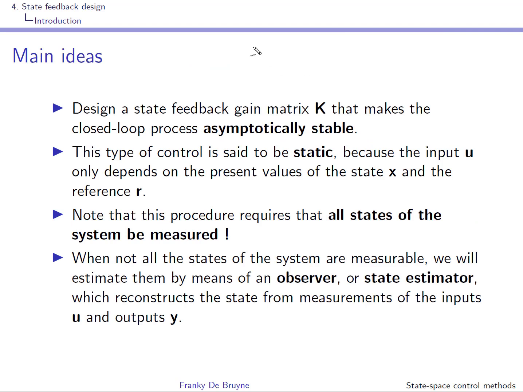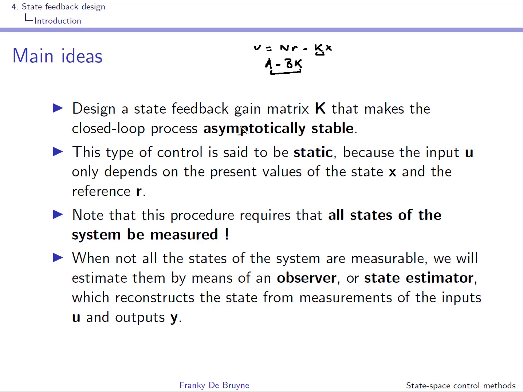So remember that we are using a command which is Nr minus Kx, and that the closed loop state equation is A minus BK. So the idea here is to choose a feedback gain matrix K such that this matrix, the state matrix of the closed loop system, is asymptotically stable, which means that the real parts of the eigenvalues are negative.